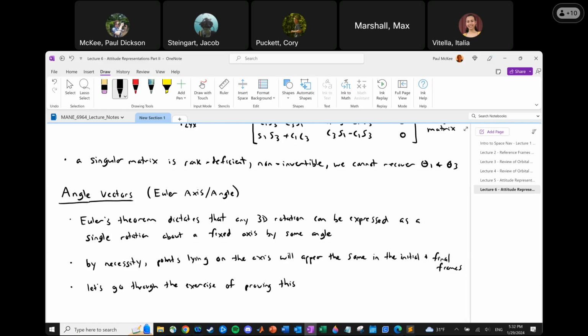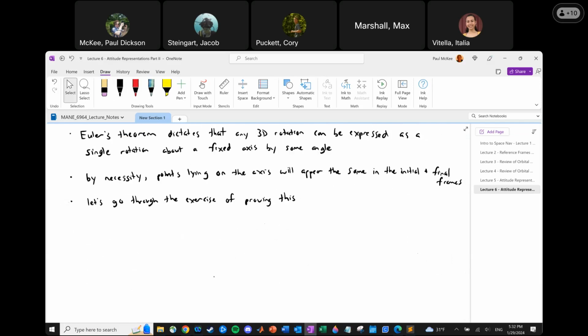So let T be an attitude transformation matrix, which is kind of our bread and butter for describing an attitude. And what do we remember?